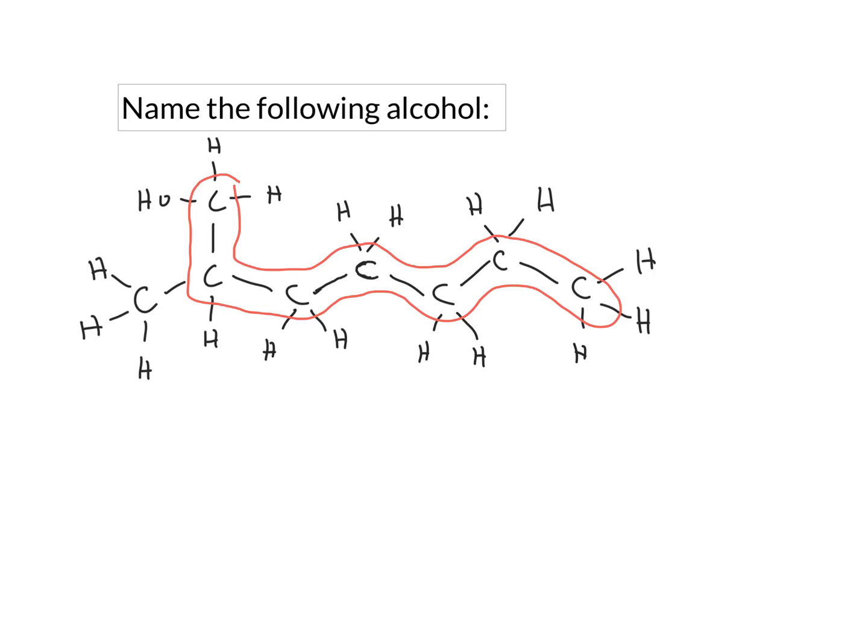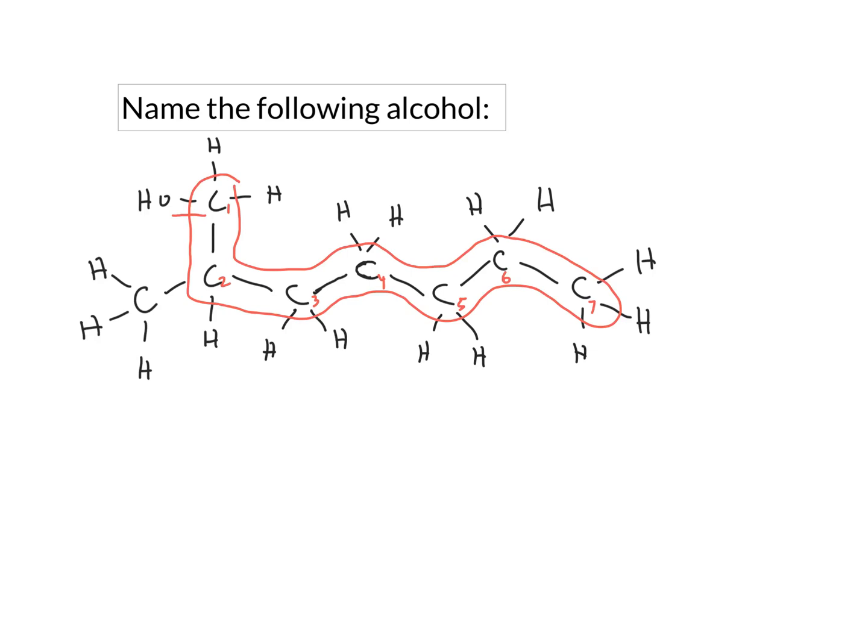So if I count this chain from right here, from the top, 1, 2, right? The alcohol is right there off of that carbon. So to have the alcohol with the lowest number possible, I'd start it right there. So 1, 2, 3, 4, 5, 6, and 7. So I have a 7-carbon chain.